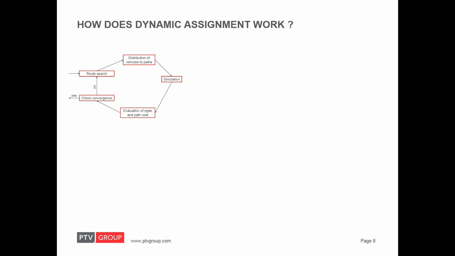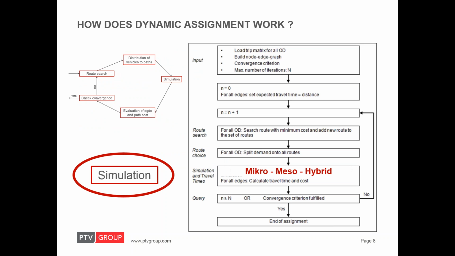To show that in a different way, we see here a screenshot from the manual. If you now opt for the dynamic assignment, you basically have three options to load the demand onto the network: the microscopic simulation, the meso simulation, or a combination of these two, which is called hybrid. We will come to that later on.